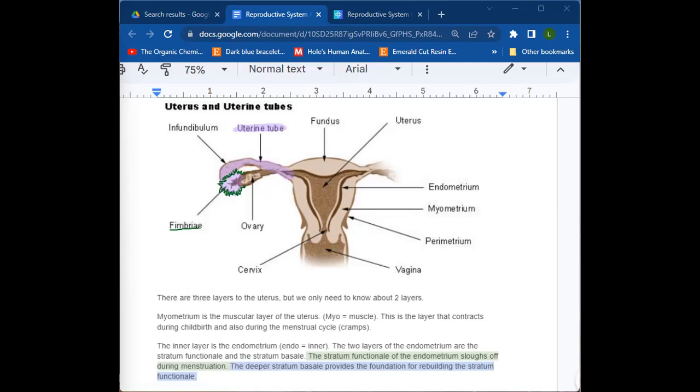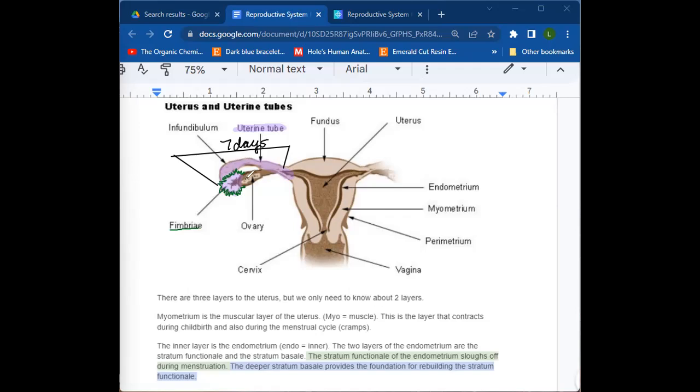Then we need to know that the journey down the whole fallopian tube takes about 7 days from the very beginning to the very end. But we need to know that the egg is actually not fertile for that long. It's not fertile for 7 days.